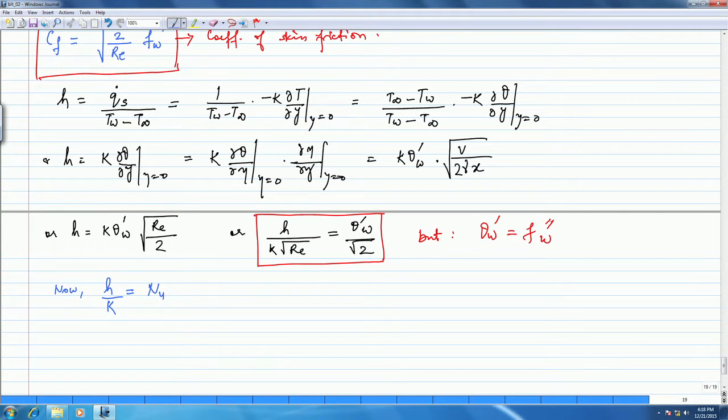Okay, so therefore Nusselt number. Now H by K in this expression is the Nusselt number. So if I replace that, under root of Re is equal to theta dash at the wall by root 2.